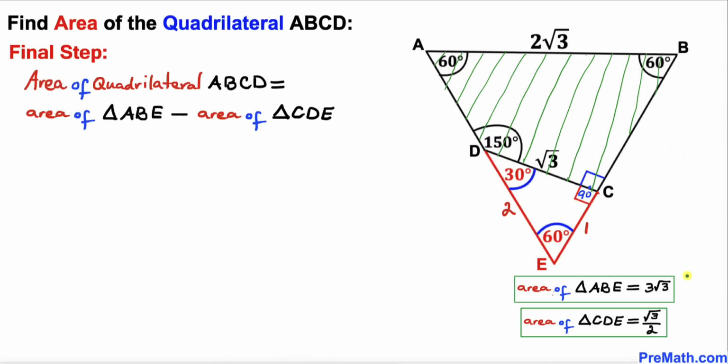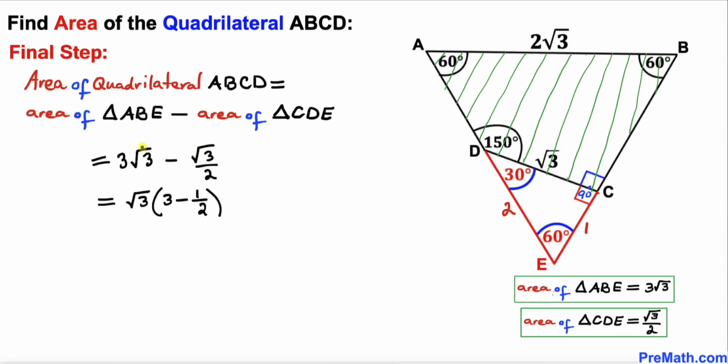The area of the big triangle is 3 times square root of 3, and the area of the smaller triangle CDE is square root of 3 divided by 2. Let's fill in the blanks. The area of quadrilateral ABCD is going to be 3 times square root of 3 minus square root of 3 divided by 2.